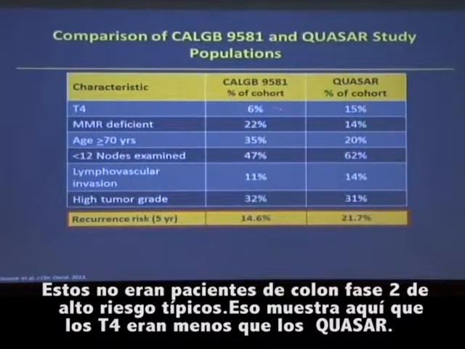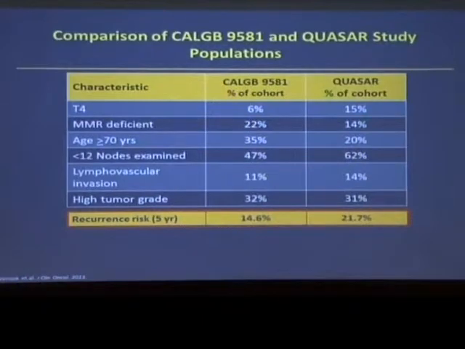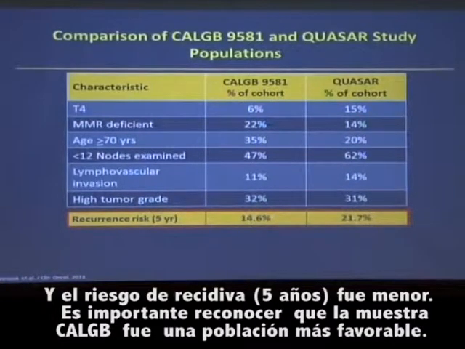That's shown here. The T4s were less than the QUASAR by at least a half, okay? Mismatch repair deficient was higher, okay? And then the recurrence risk at 5 years was lower. So it's important to recognize the CALGB trial was a more favorable population.